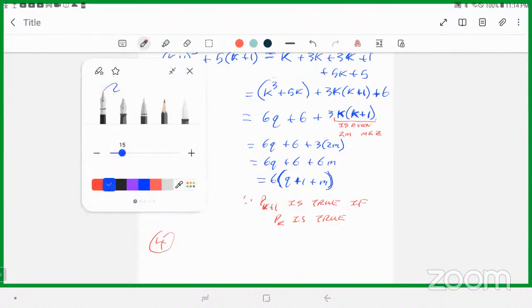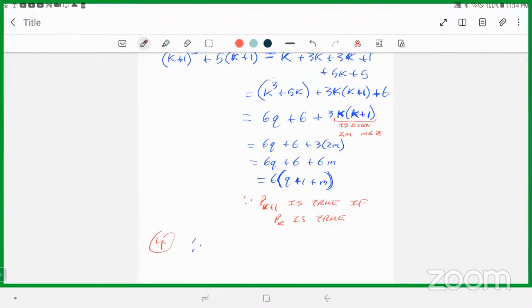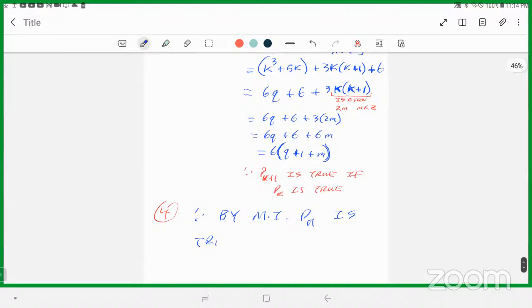Write the conclusion. So therefore, by mathematical induction, the original statement P(n) is true for all n which are natural numbers.